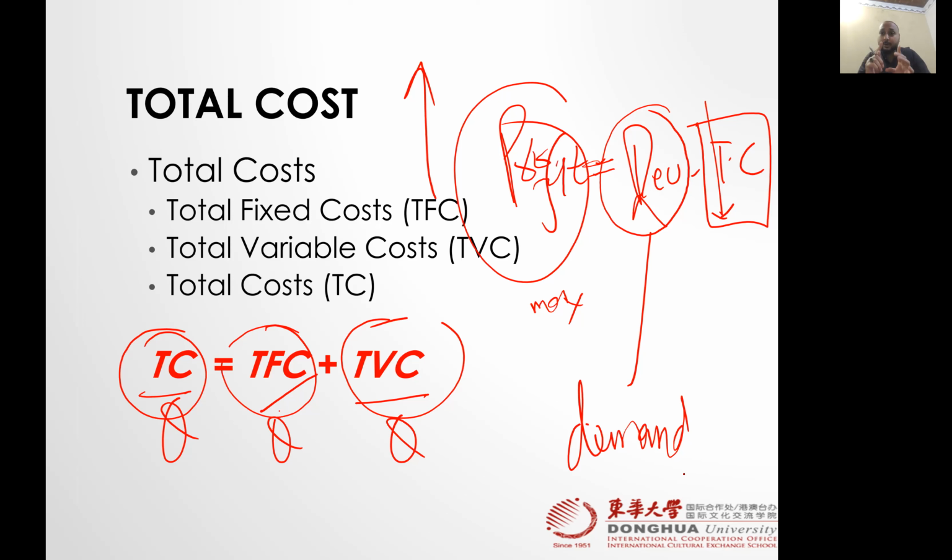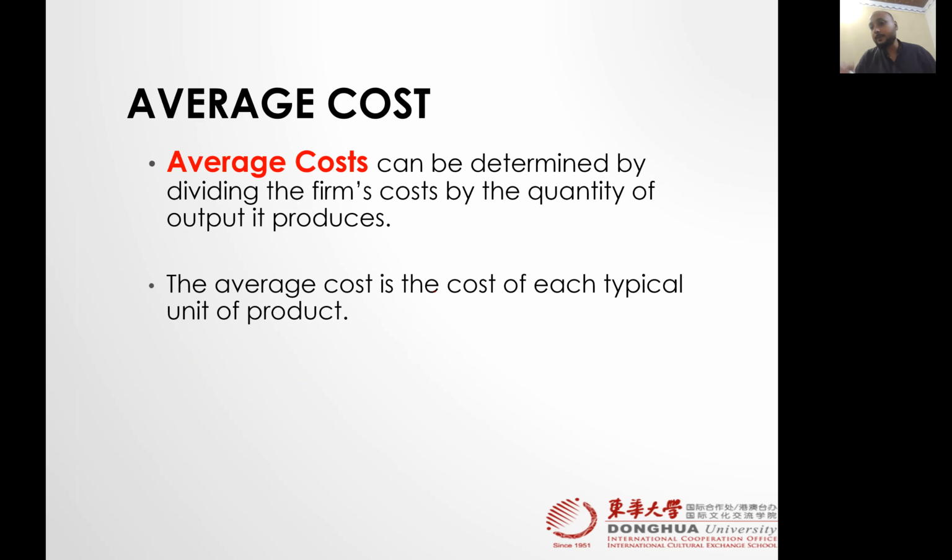And now we want to find out on a per output basis. If we increase production by one more unit, will this give us more profit or not? So that's why we are going towards average. All right? We are not looking at it in totality. So total fixed cost, total variable cost, we know the definition, but now the average cost. Average cost is determined by dividing by the quantity of output produced.